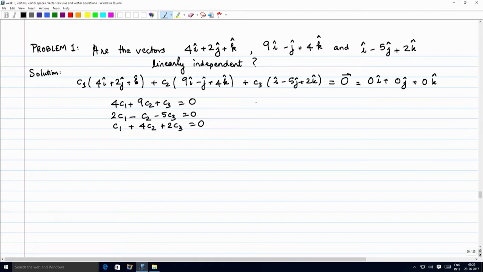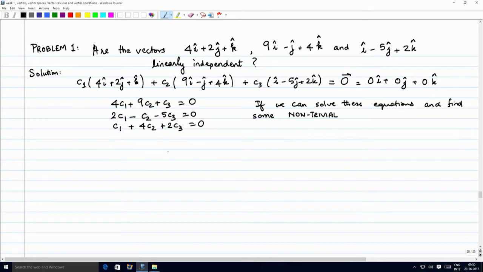So, if we can solve these equations and find some non-trivial solution, that means some solution.